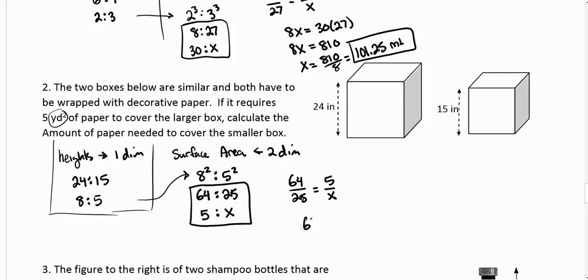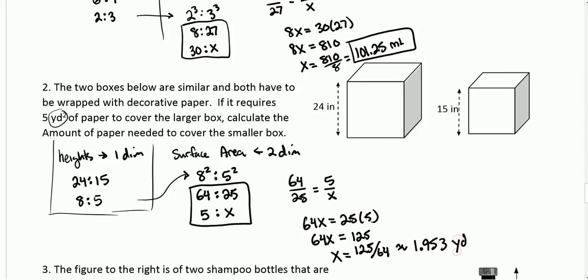So 64x equals 25 times 5, where 64x is 125. x is 125 divided by 64, which is, I'm rounding here, 1.953 square yards.